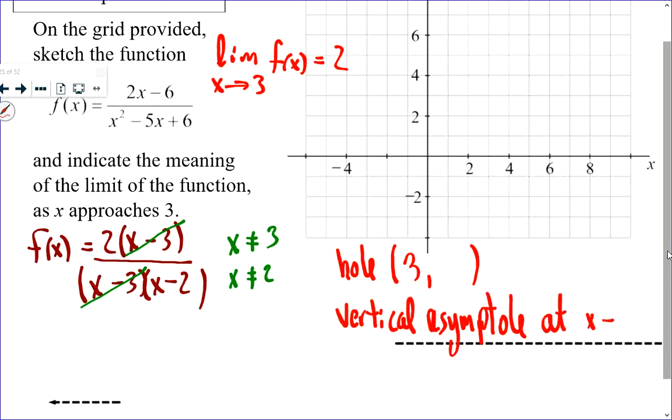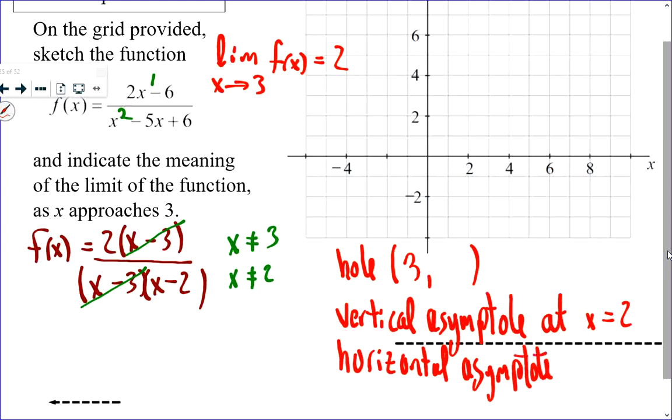A few other notes here. And again, you would learn about this in detail in 30-1. Since the degree in the numerator is smaller than the degree in the denominator, you're going to have a horizontal asymptote on the x-axis, or at y equals 0.